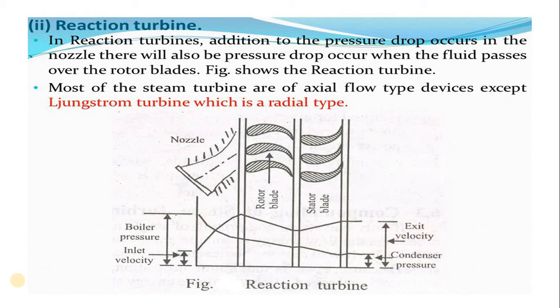Here you will get an idea about its parts as well as working. The first important thing is the nozzle. The main function of the nozzle is to convert pressure energy into kinetic energy.